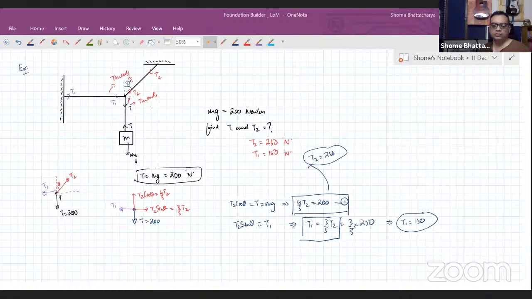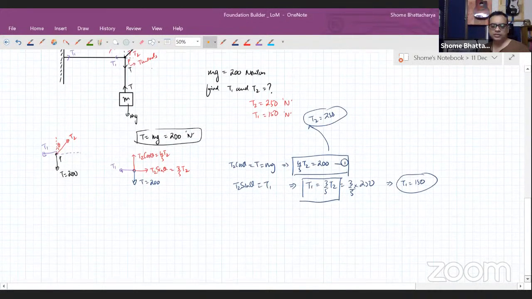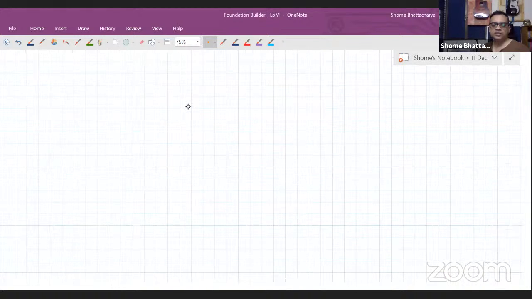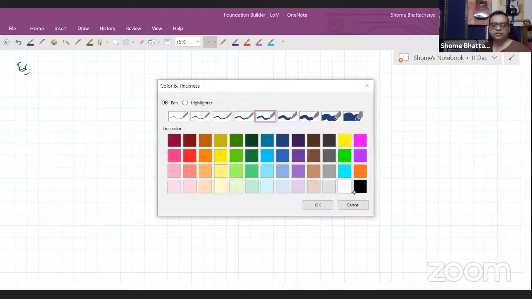Okay, now let's move on to some pulley-based systems. Or before we come to pulley-based systems, let's look at another question involving tension, but involving acceleration also now. Be careful about the angles. The angle was 37 degrees over there, so it was quite clear.